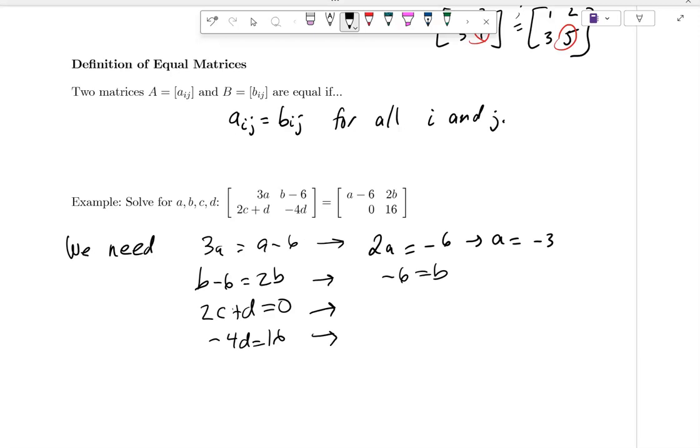I'm going to skip down to the fourth one. What does the fourth one tell you? d equals negative 4? Good. Why did I do that one? Yeah, fill in for d in the other one. Good. The other one now says 2c minus 4 equals 0. And if I go through and solve for c, you should get c equals 2.